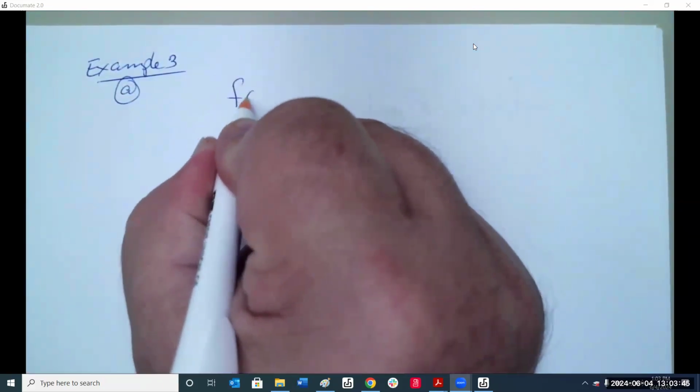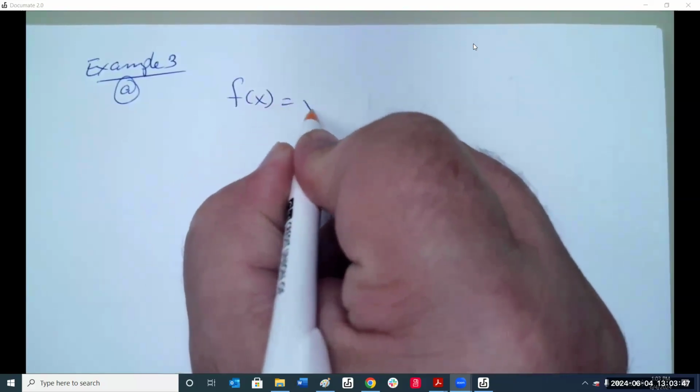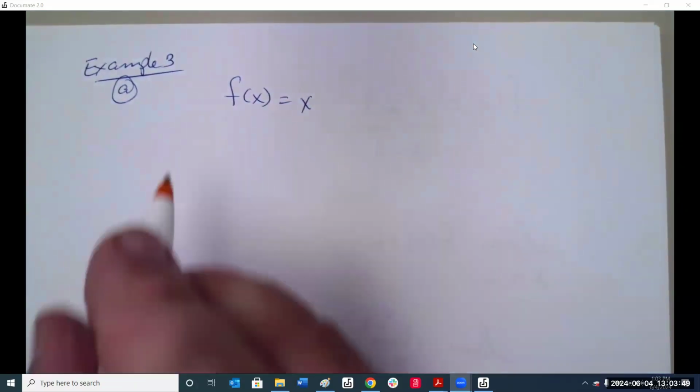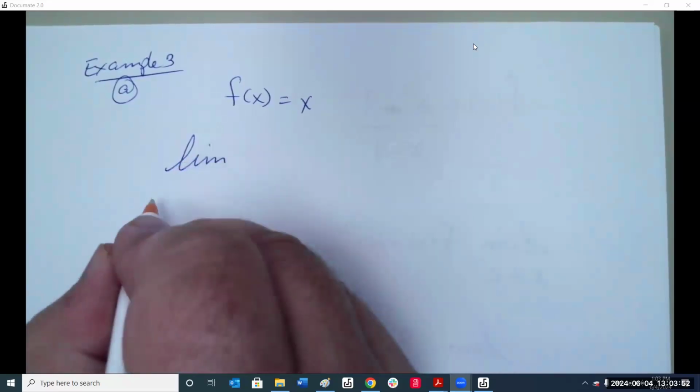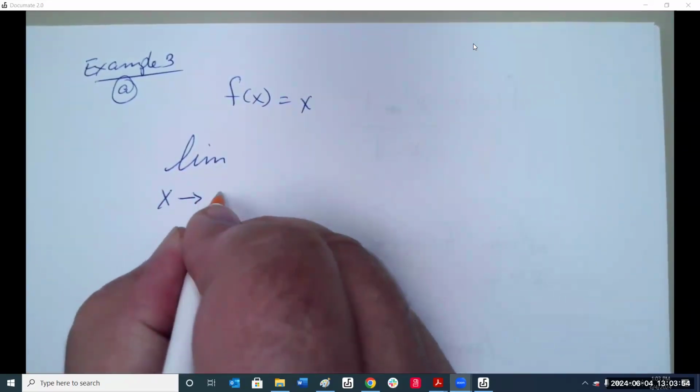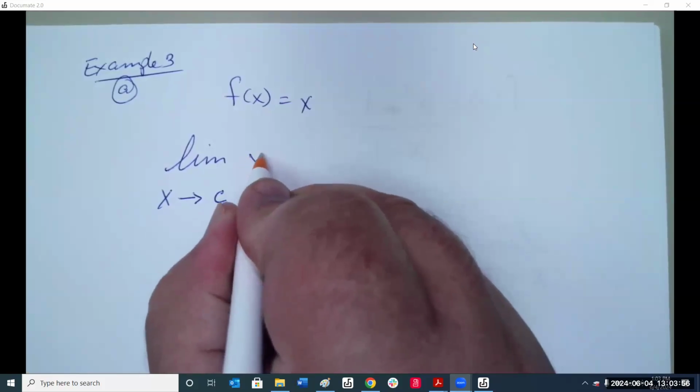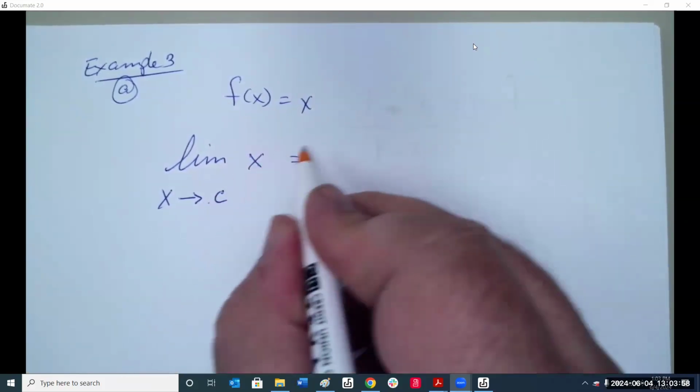So let's look at example 3. We find the limits of the identity function and of a constant function as x approaches c. This is example 3. f of x equals x. So the limit as x approaches c of x, again, just plug it in there.